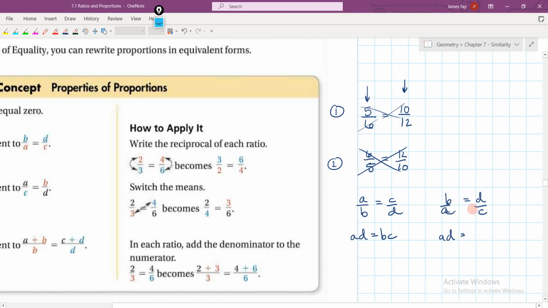And when I cross multiply these two terms, I get BC. So because the cross products are still the same, that tells me that it is okay to take the reciprocal of the proportion, and it's still a true proportion.